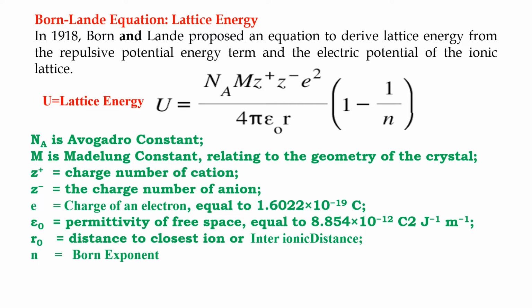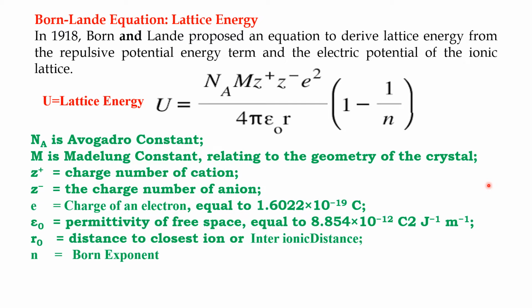To calculate lattice energy, Born and Lande proposed an equation which is called the Born-Lande equation, which is basically a complicated equation, but it could be used to find out or calculate the lattice energy of ionic crystals.